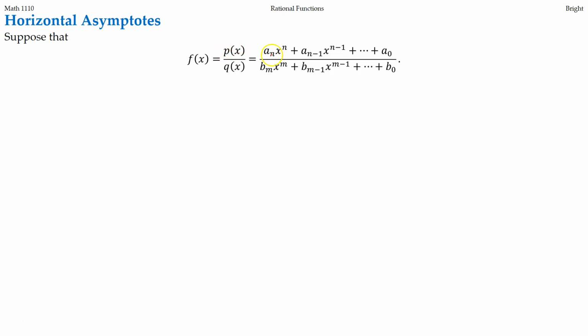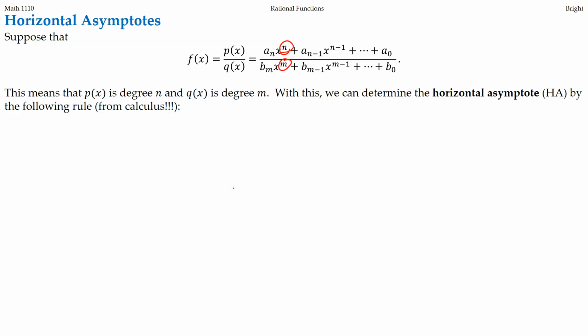We know it's polynomial over polynomial, so generally there's a degree n and a degree m. They might not be the same, or they could be the same. n refers to the numerator degree, and m refers to the denominator degree, so p of x is degree n and q of x is degree m.